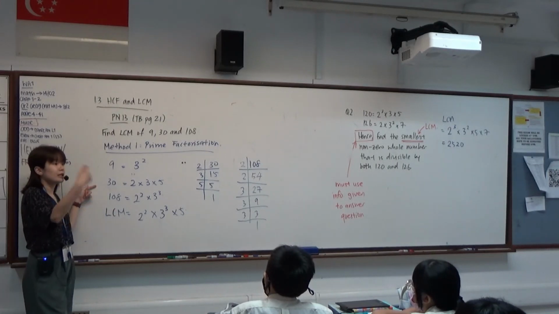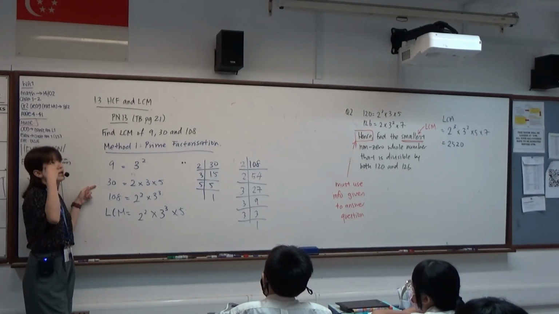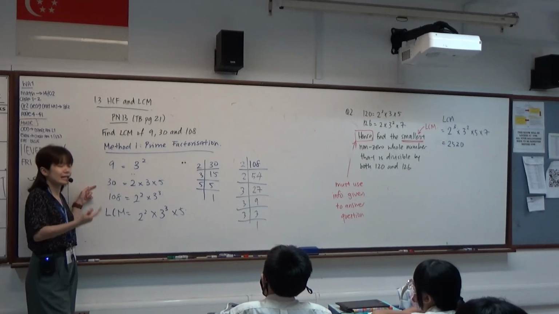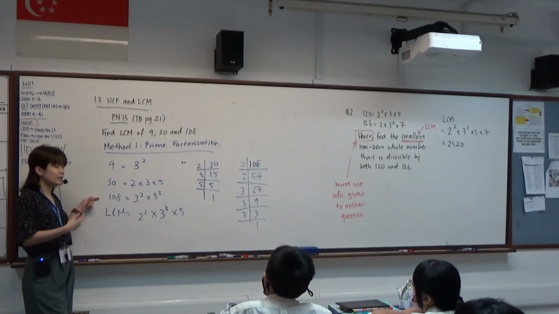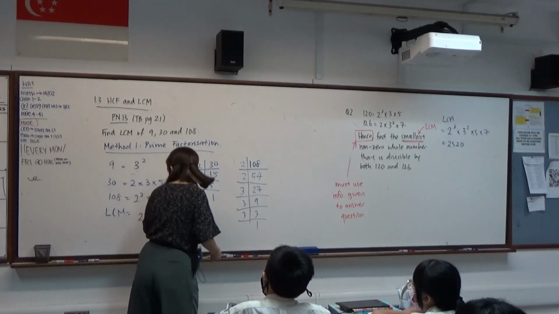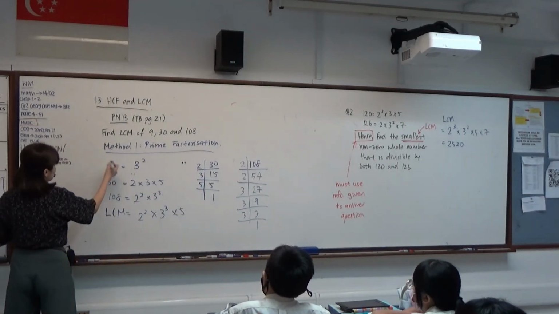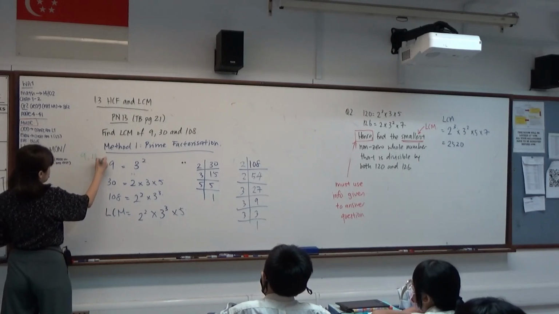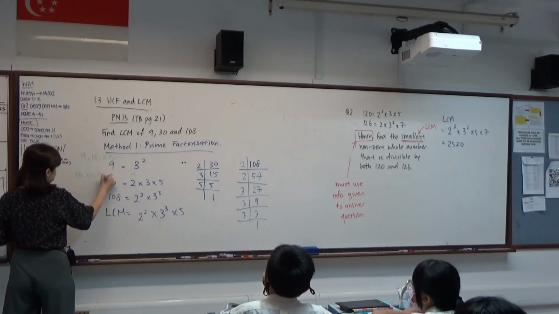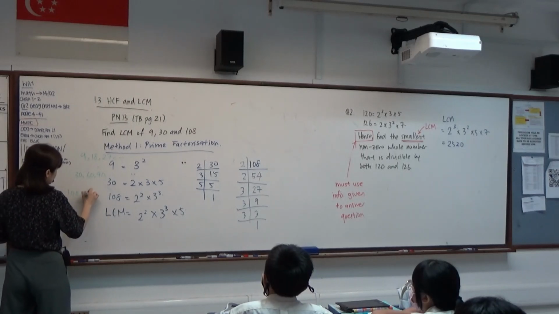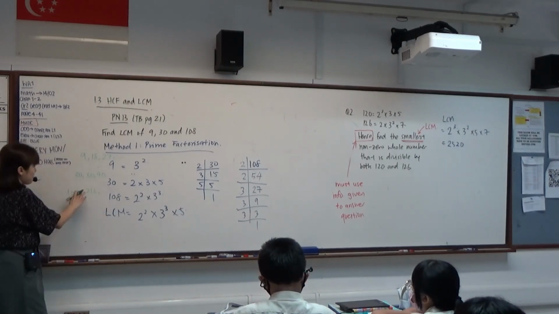For 30, we look at the next number, 60. Then after 60, then 90, then 120, and so on. For 108, likewise, we also go down the list. So maybe let me just write that down. We're looking at 9, 18, 27, and then 30, 60, 90, 108, 216, and so on.